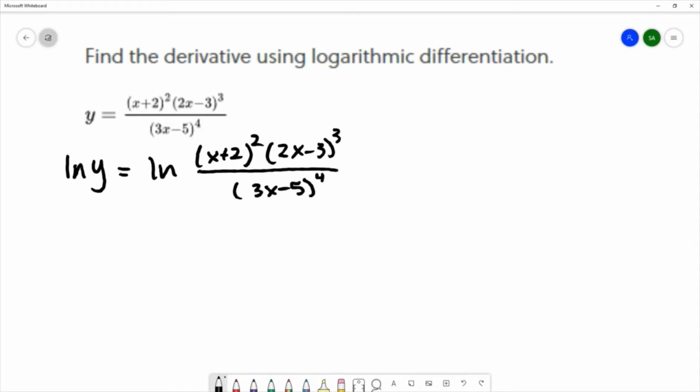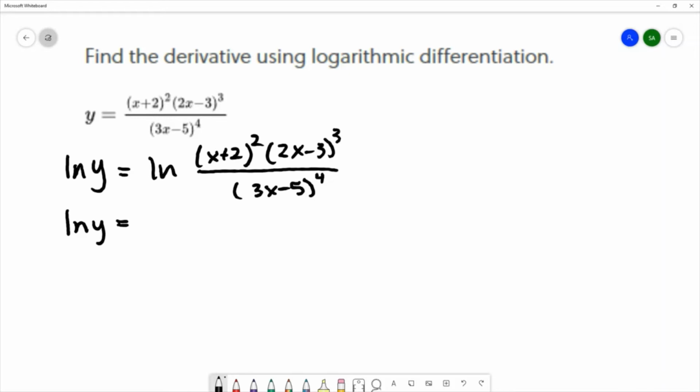And what this does is it allows you to use your algebra properties of logarithms, your product rule for logs, your quotient rule for logs, and your power rule for logs to simplify the expression on the right. So I'm going to do a little bit of algebra using those log properties.